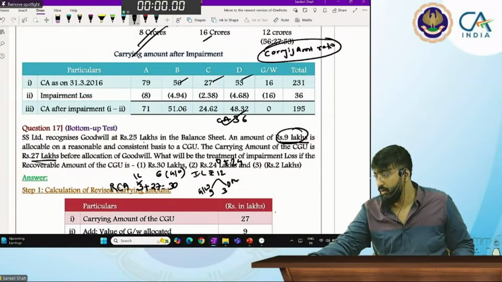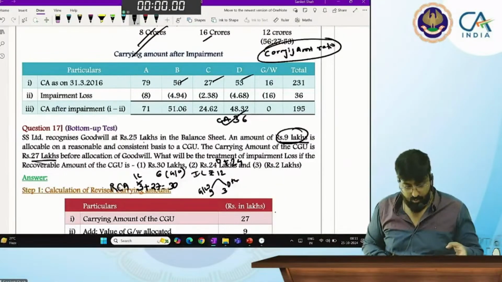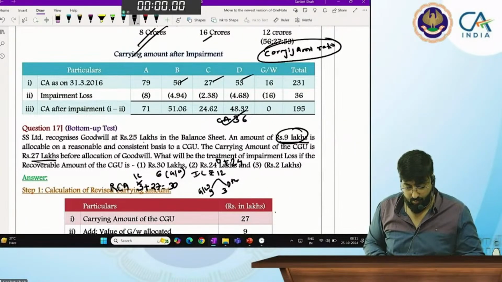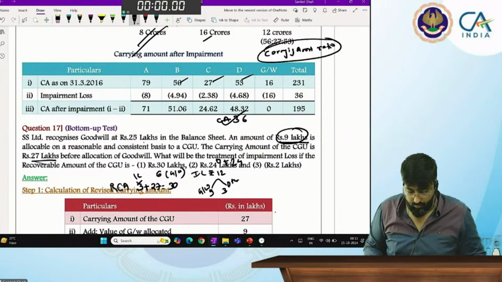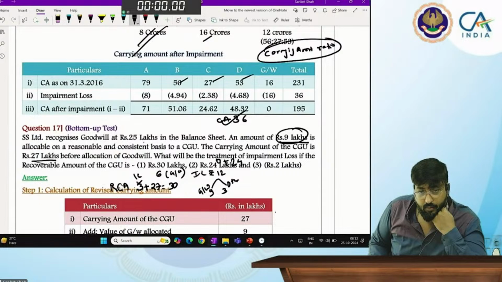Impairment loss is 24, 12 lakhs. In that carrying amount, sir, we have 12 lakhs of impairment loss. 9 lakhs will be adjusted to goodwill and 3 lakhs will be adjusted to other assets. Then carrying amount should reduce, right, sir? Right. Carrying amount should reduce, right, sir?